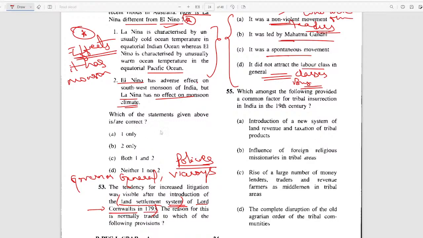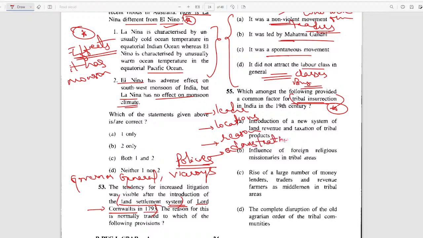55th question. Which among the following provided a common factor for tribal insurrection? Tribal revolts and tribal insurrections are important. The leaders, the location, the reasons for that tribal revolt, and the administrative steps that the administration took after that revolt.